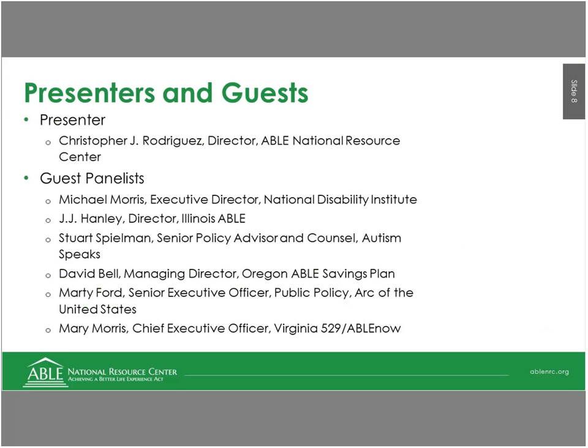I'm extremely excited to have such an esteemed group of panelists consisting of Michael Morris, Executive Director of the National Disability Institute, J.J. Hanley, Director of the Illinois ABLE Program, Stuart Spielman, Senior Policy Advisor and Counsel for Autism Speaks, David Bell, who is the Managing Director of the Oregon ABLE Savings Plan, Marty Ford, who's the Senior Executive Officer for Public Policy at the ARC of the United States, and Mary Morris, who is the CEO of Virginia 529 and ABLE Now.